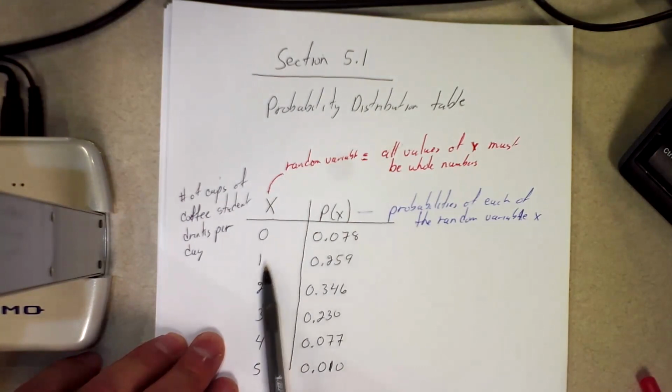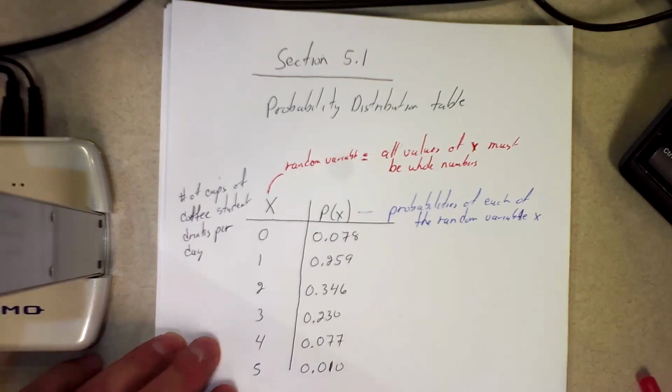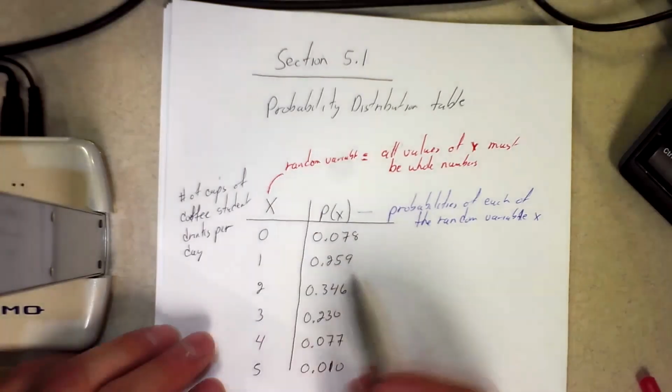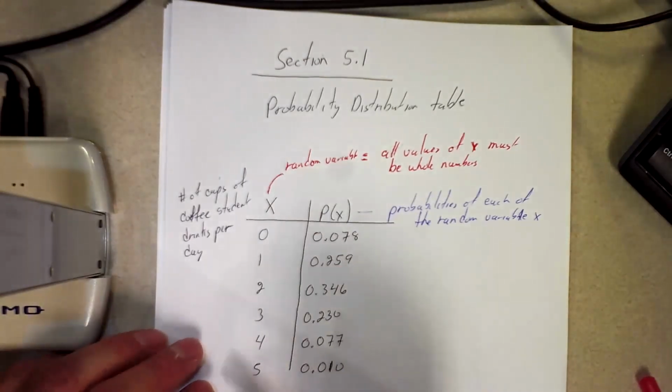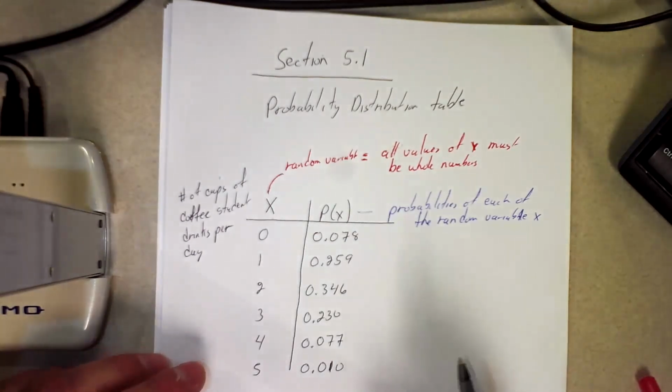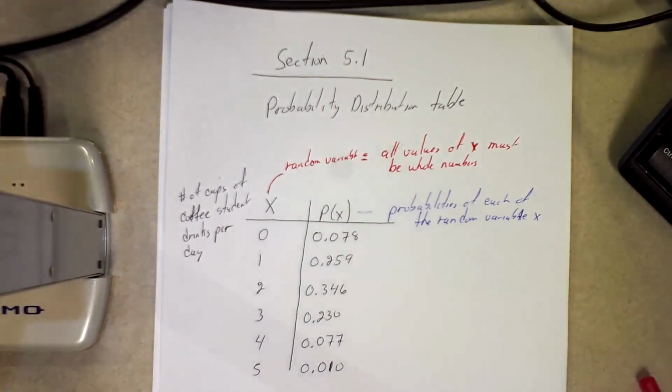Students that drink 1 cup of coffee per day is 0.259 or 25.9%, 2 cups is 0.346 or 34.6%, 3 cups, 23%, 4 cups, 7.7%, 5 cups, 0.1%. Right. So this table summarizes what maybe the class outcome was in asking students how many cups of coffee they drink.